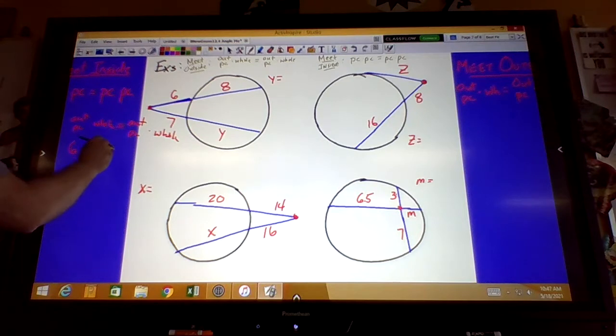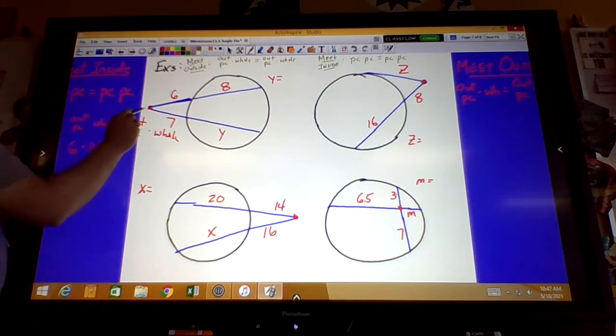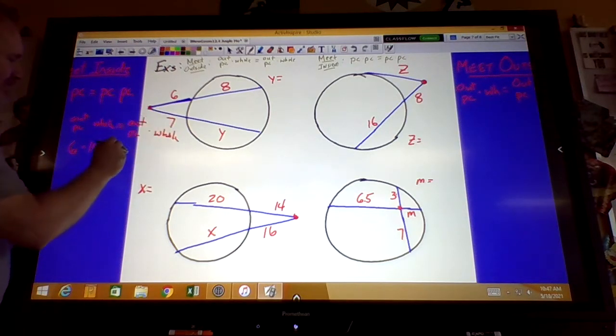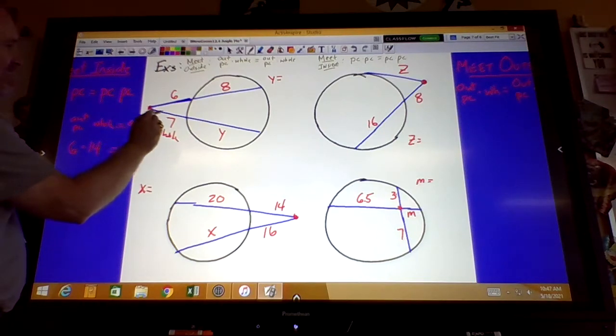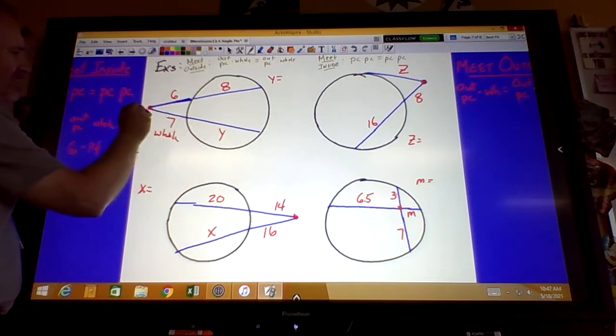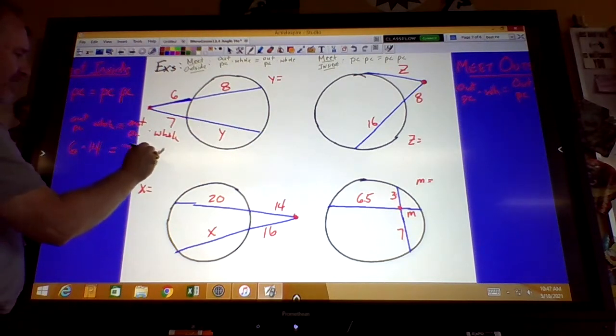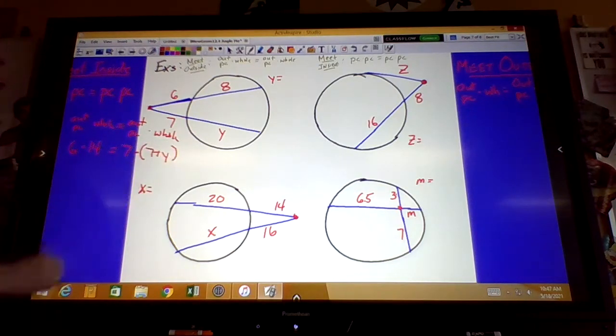All right? Now I'm moving on to the bottom secant. It's still the same format, outside piece times whole. Well, the outside piece of him is 7. And then the whole thing, here comes the algebra. 7 plus y would be that whole secant. 7 plus y. Mr. Metcalfe, it looks like we're going to do the distributive property.